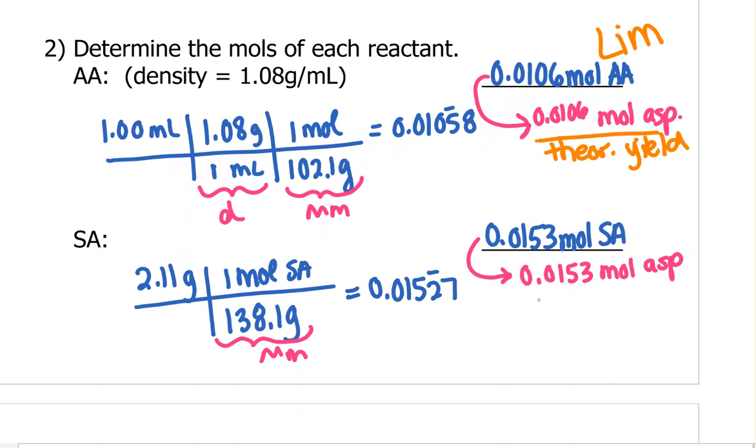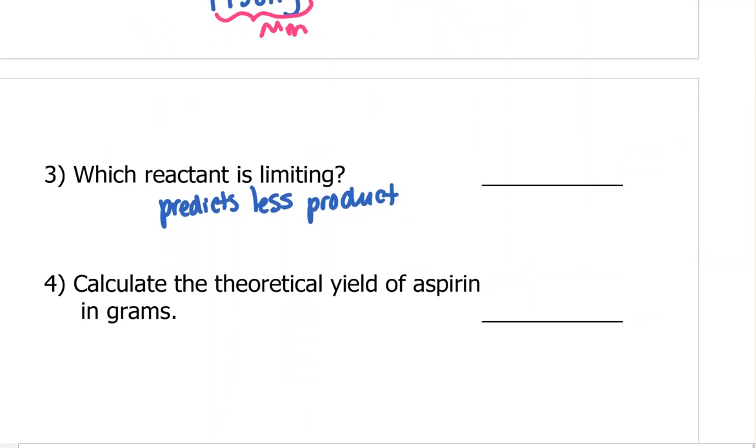And this one, the salicylic acid, is the excess reagent. It predicted the higher amount of product. So we decided that it was the acetic anhydride.